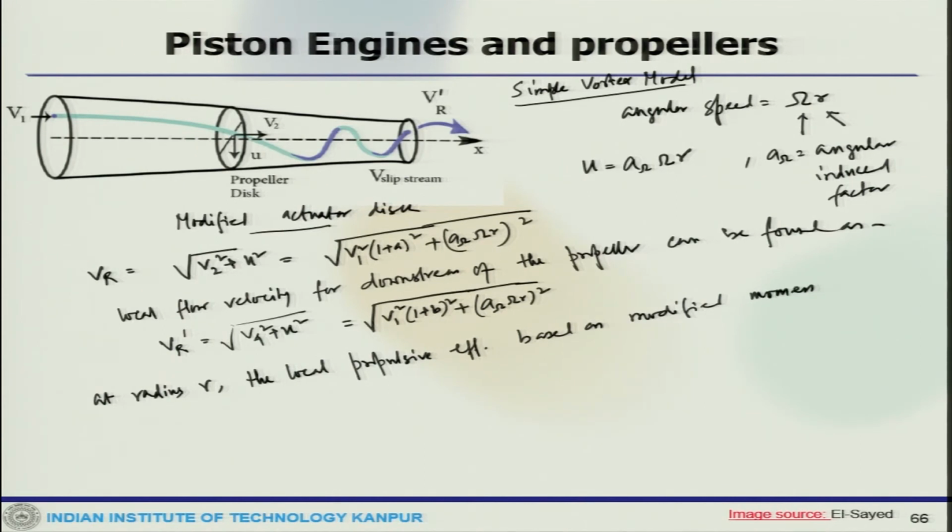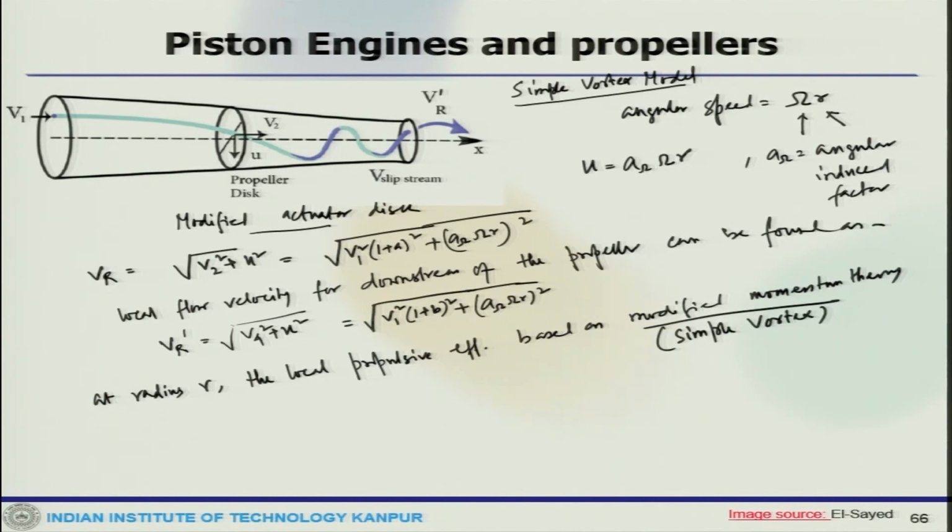So, this is called the modified momentum theory, or this is exactly the simple vortex theory. So, sometimes it is called the modified momentum theory or simple vortex theory.